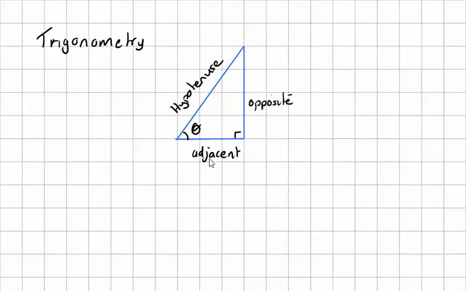Can't the adjacent be longer than the hypotenuse? No, that's not possible. Can't you just stretch it out? If I stretch the adjacent side out to here, I make the hypotenuse longer. I can't just extend that line and leave the hypotenuse there. It doesn't work. The hypotenuse is for a right angle triangle, so don't write this is the hypotenuse if it's not a right angle triangle.